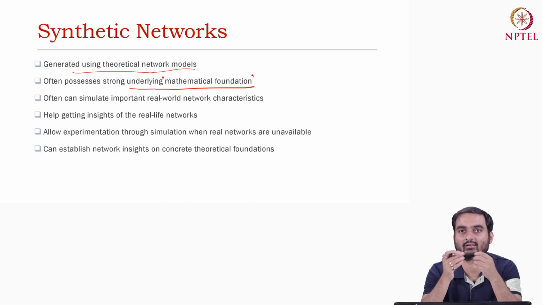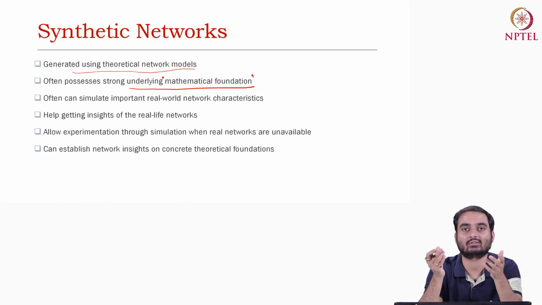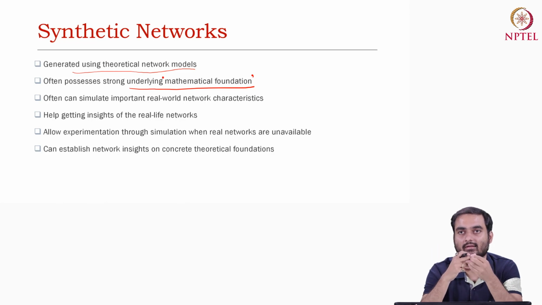For example, you generate a network and then you test the degree distribution of the network. If it follows a power law, then you say that okay, it looks like a real world network because a real world network also has a power law degree distribution. Okay. So, power law is one property. There are many such properties, and all these network growth models basically try to satisfy at least a subset of these properties that a real world network exhibits.